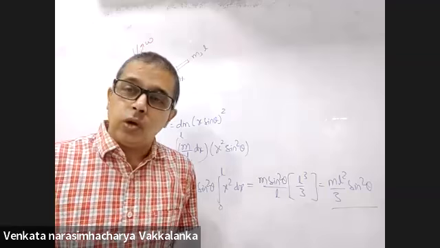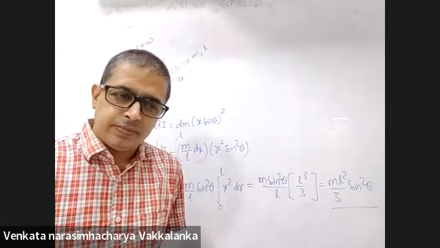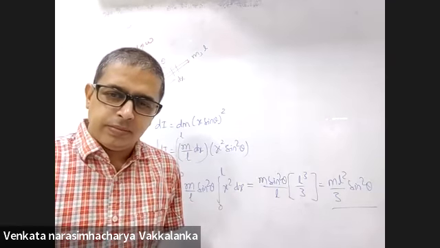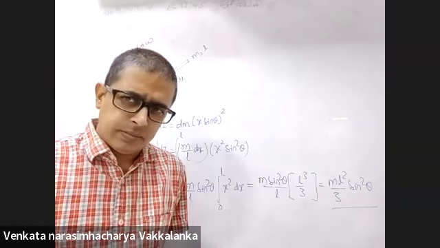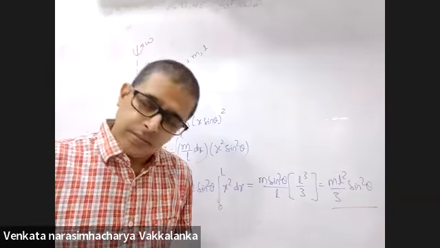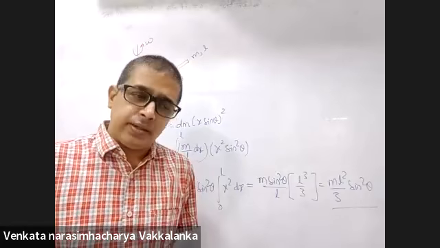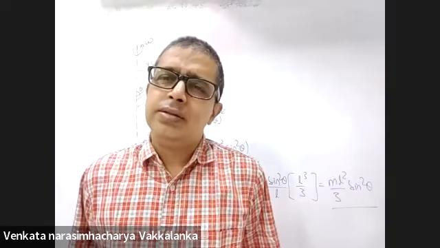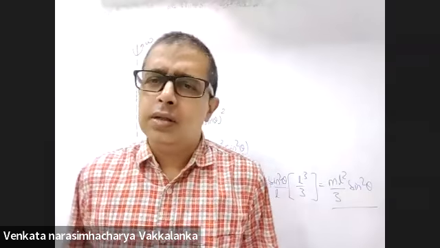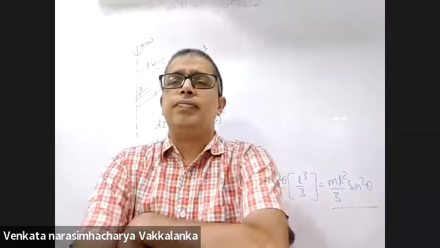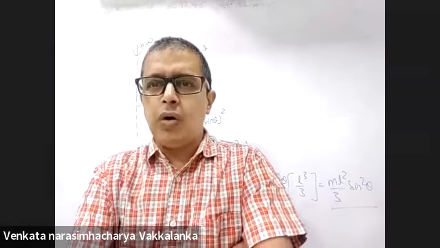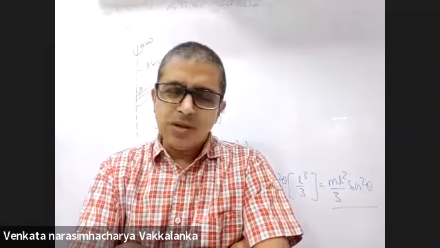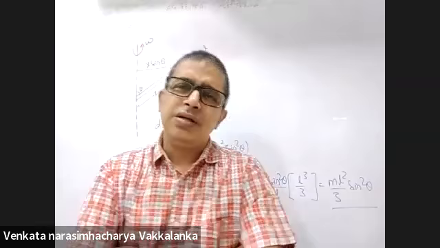Moment of inertia of a hollow sphere: 2 MR squared by 3. Solid sphere: 2 MR squared by 5.